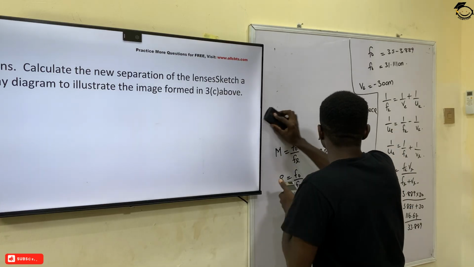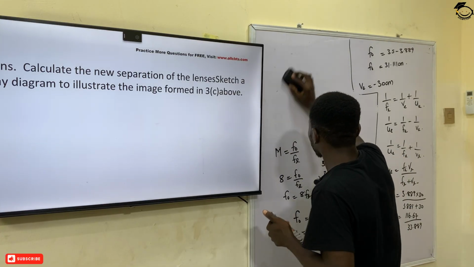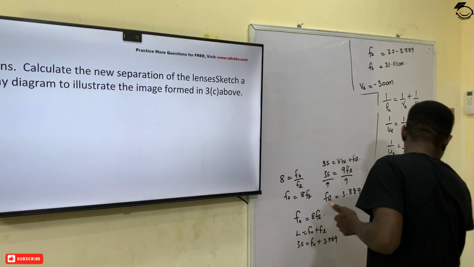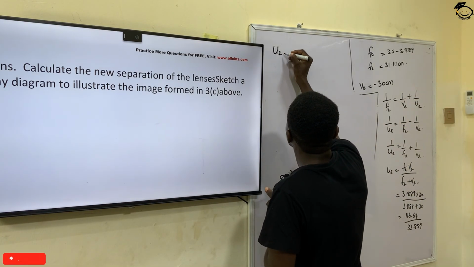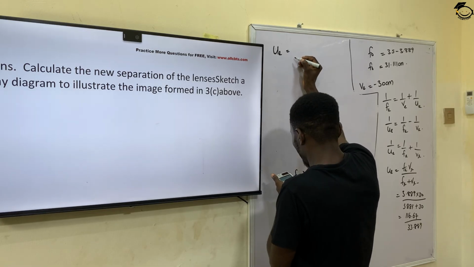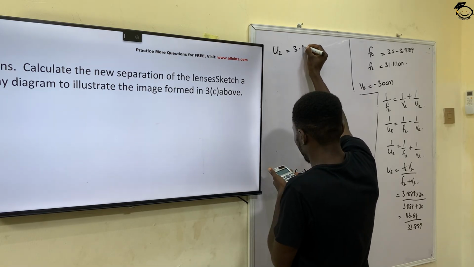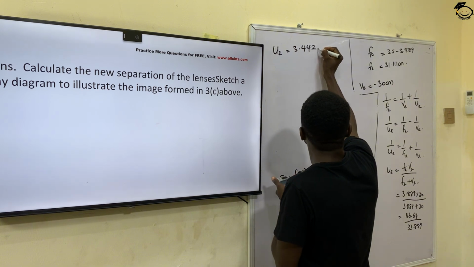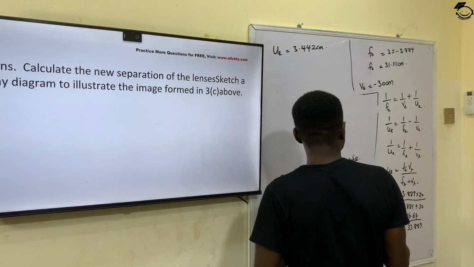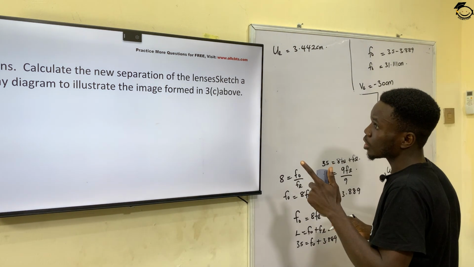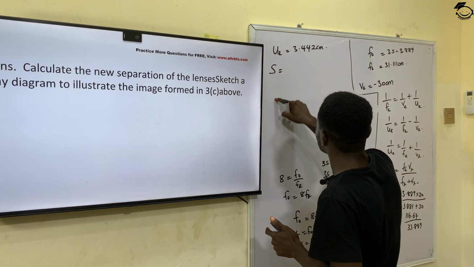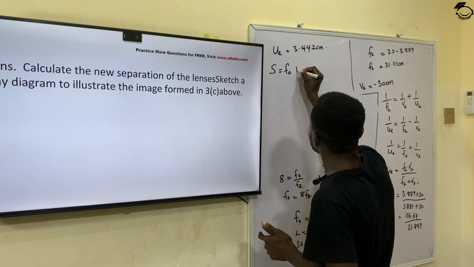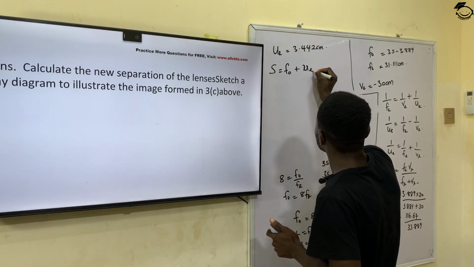This means that when I divide there, my object distance from the eyepiece is going to be 3.442 centimeters. But that is not all, because the question is to find the new separation. Our new separation is equal to my F naught plus my object distance.